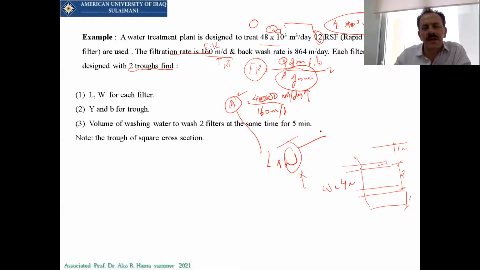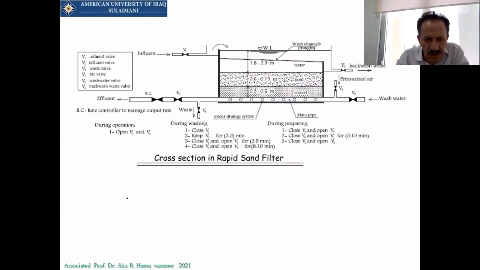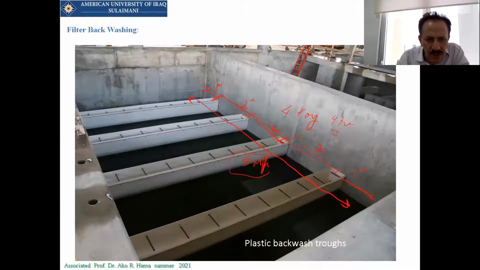I will find the corresponding length. And this belongs to the trough. For the trough, it will be better to consider this trough as a square, meaning that y and b are the same. When you consider that, it will be easier for us to find the dimensions by using this equation.